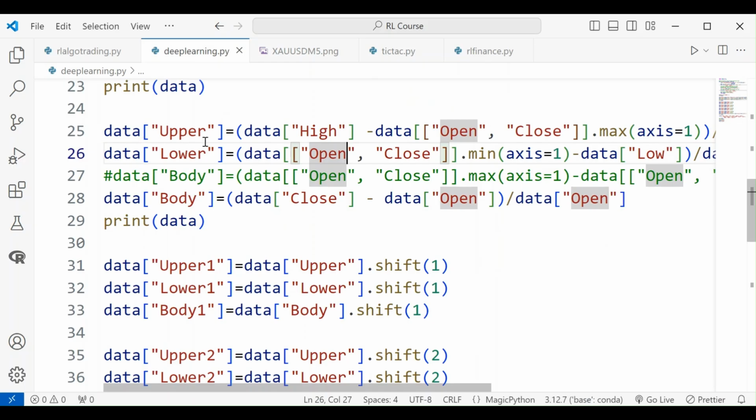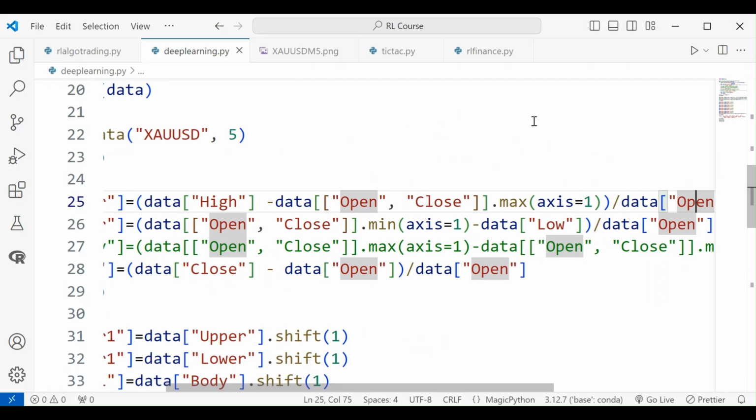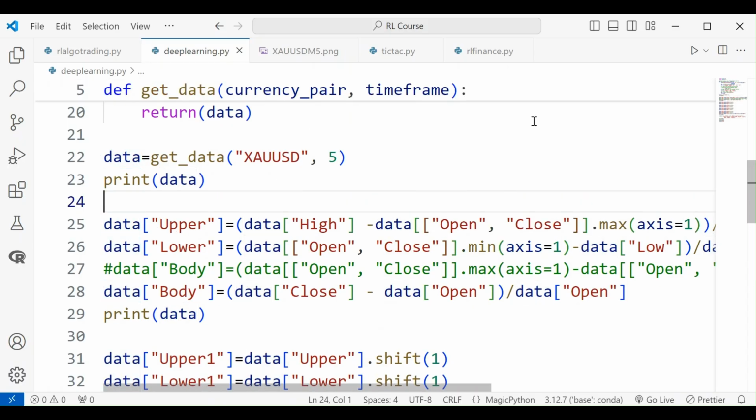Data upper is data high minus the maximum of open and close, divided by open. So this is the upper shadow. I just named it upper shadow, would have made it big. Lower shadow is from the data open and close two columns.